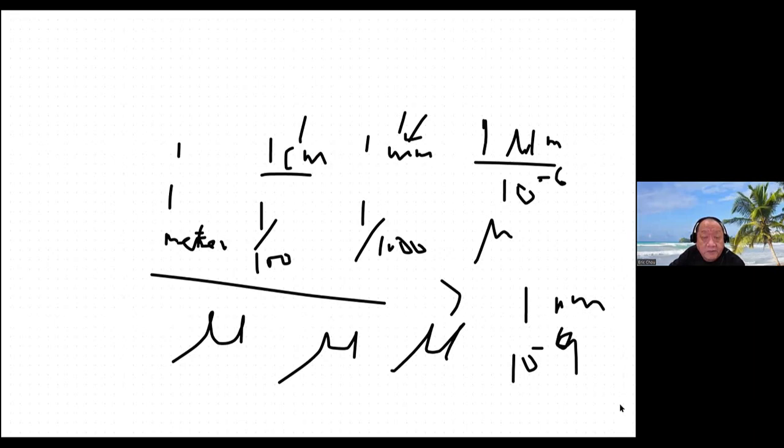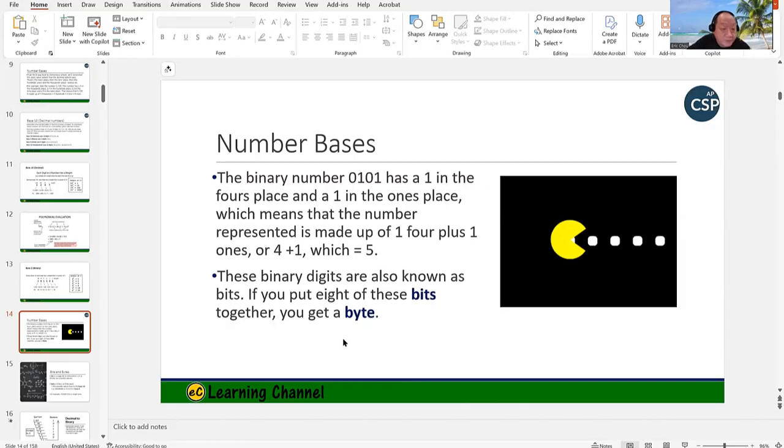So you need to remember the big numbers: kilo, mega, giga, tera. You also need to remember the small numbers: centi, milli, micron, nano. At least these are the numbers you need to remember. Okay, so far okay?